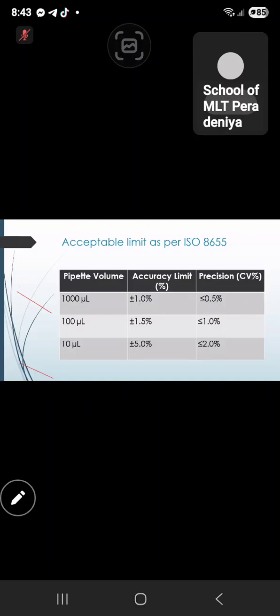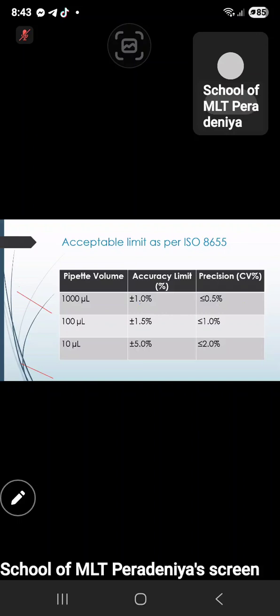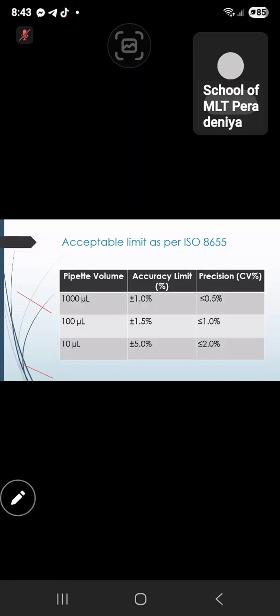If it is 100 microliters, it is 1.5%. If it is 10 microliters, it's 5%. Five percent means 0.5 microliter, so 9.5 to 10.5 microliters is the accepted range.